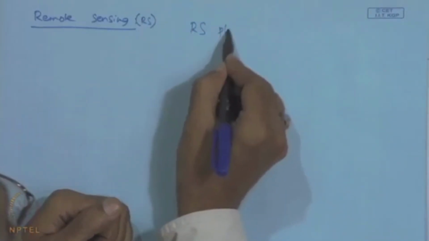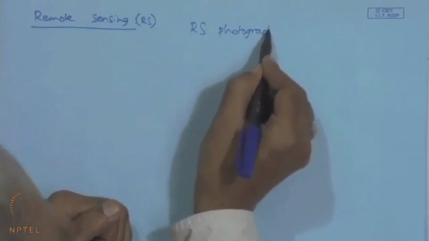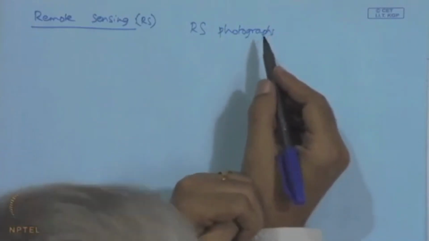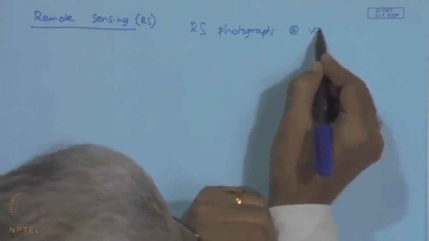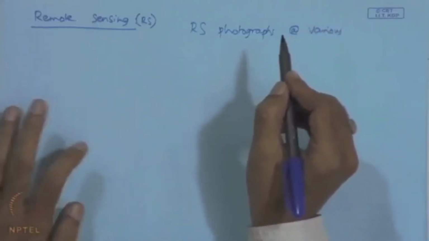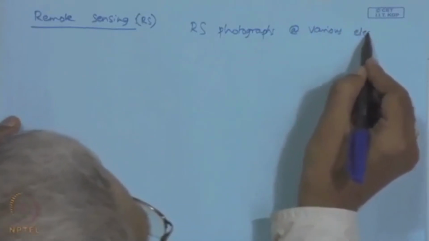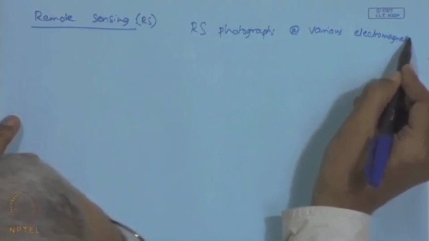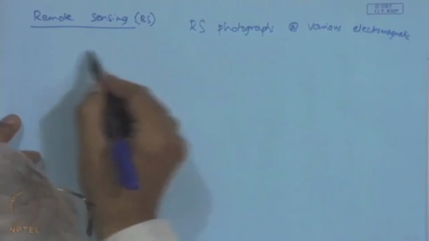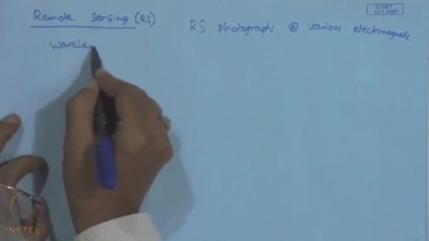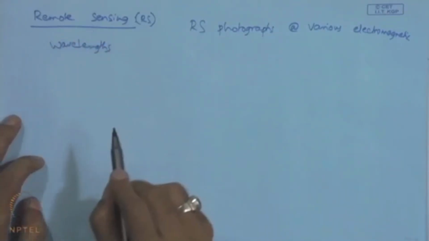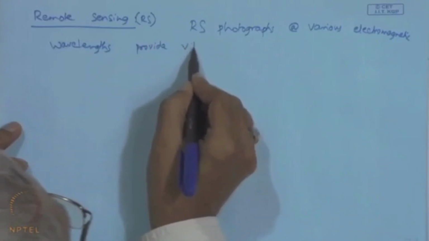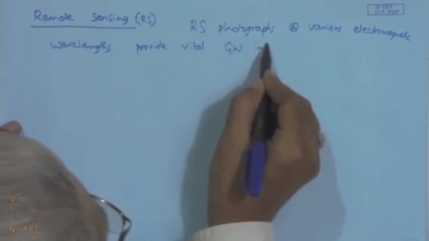RS photographs at various electromagnetic wavelengths provide vital groundwater information.